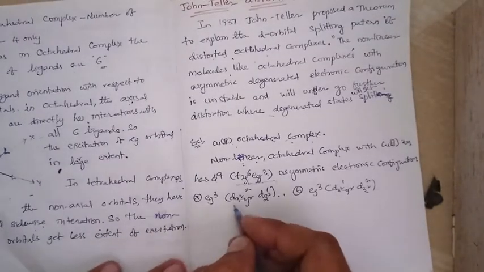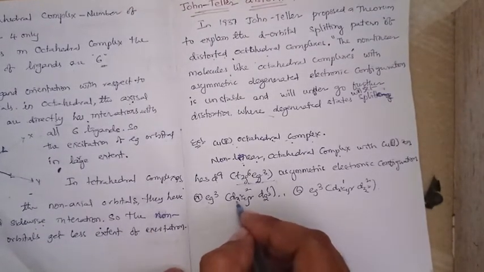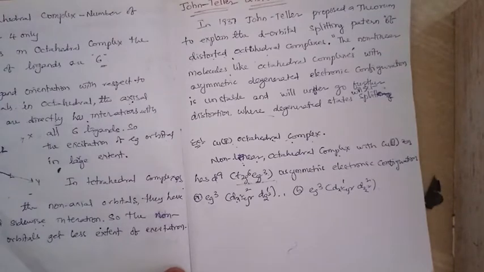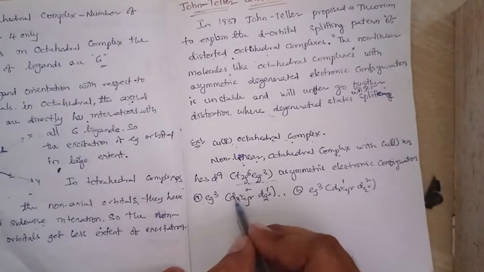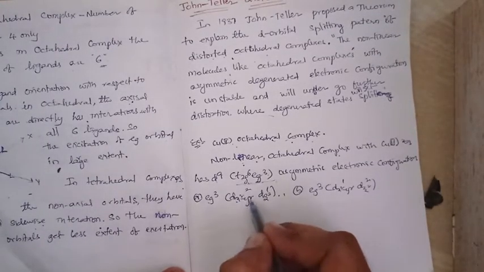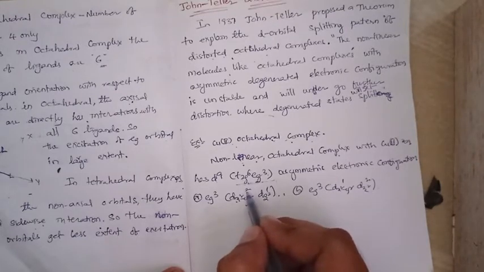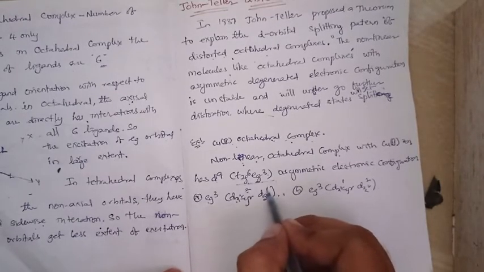In the first case, case A, dx square minus y square will have 2 electrons and dz square will have 1 electron.